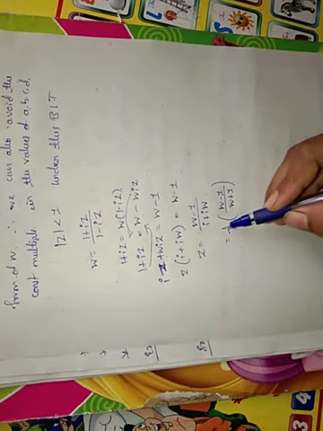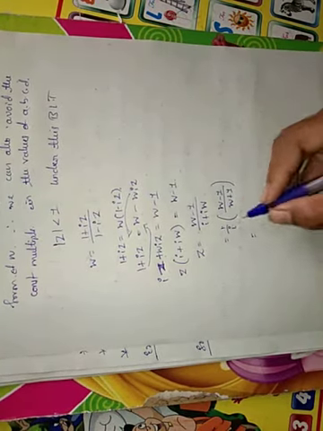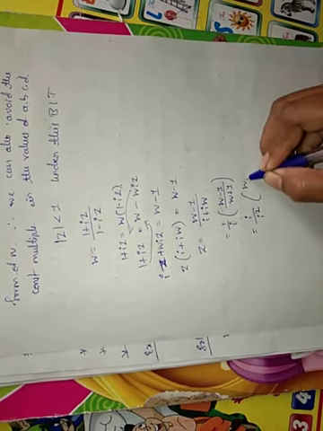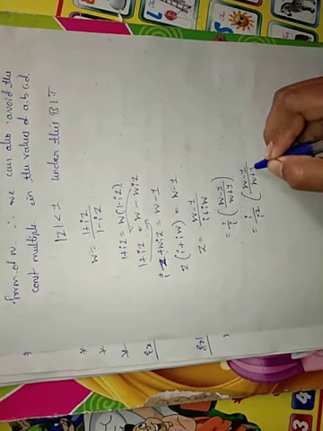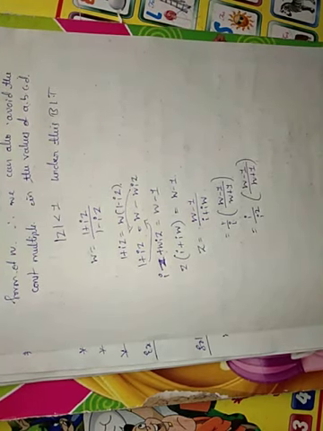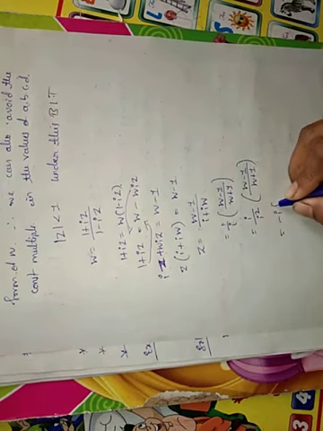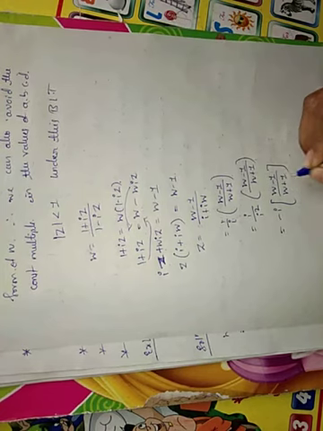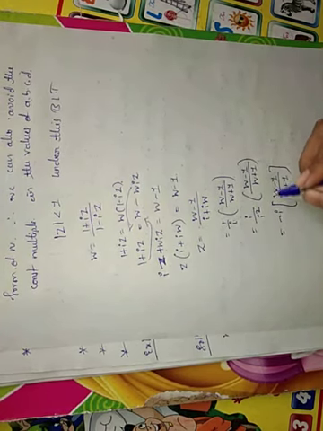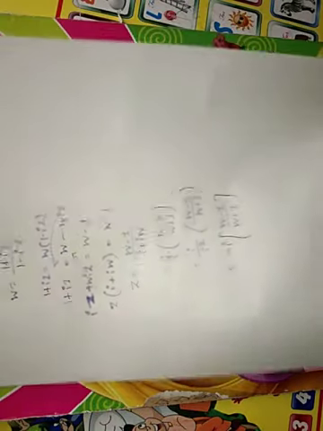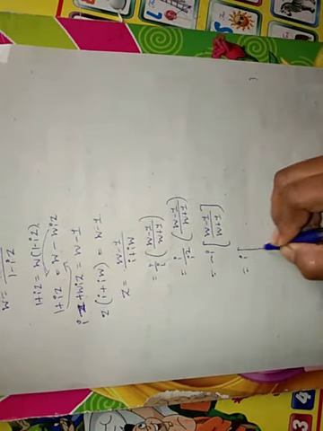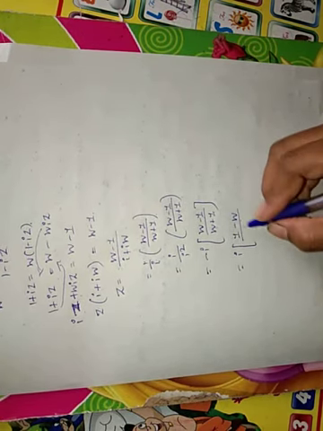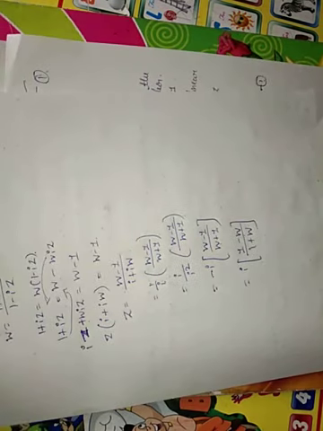Now I am simplifying 1 by I by multiplying both numerator and denominator by I, divided by I square. That is minus I into (W minus 1) divided by (W plus 1). Take this minus sign to the numerator: I into (minus W plus 1), that is (1 minus W) divided by (1 plus W).